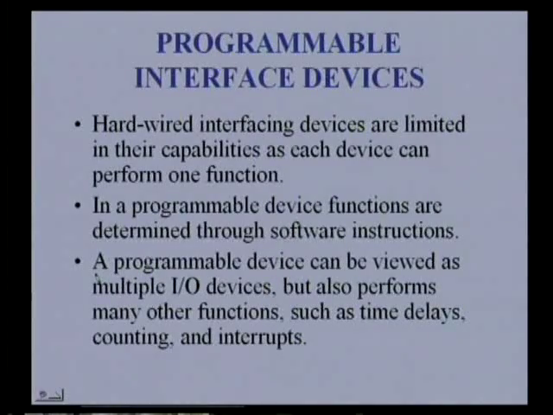Next, a programmable device can be viewed as multiple I/O devices, but also performs many other functions such as time delays, counting and interrupts. For each of these, separate programmable interfacing devices are available, and some of them are combined too. Let us see some examples of programmable interfacing devices.